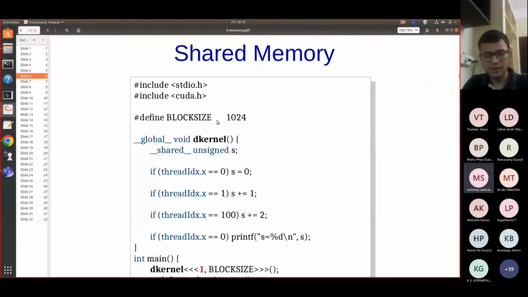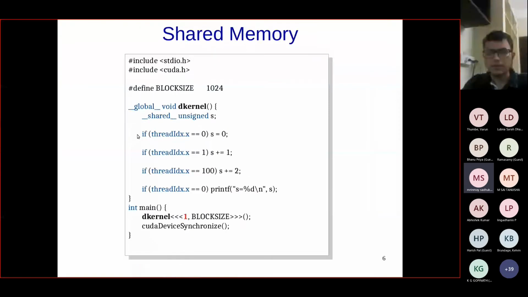So how can the output be 2? Let us understand that. First of all, thread 0, 1 and thread 100 are in different warps.